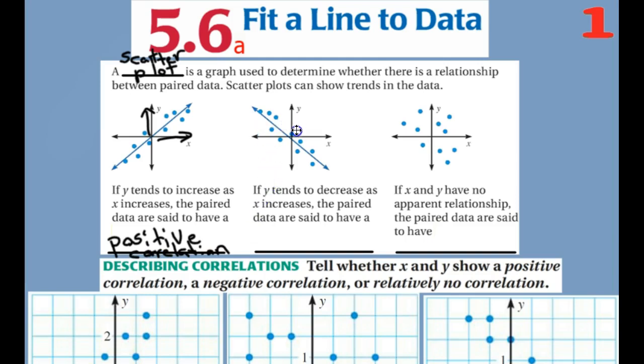Here, as y decreases, x increases, the paired data are said to have a negative correlation.